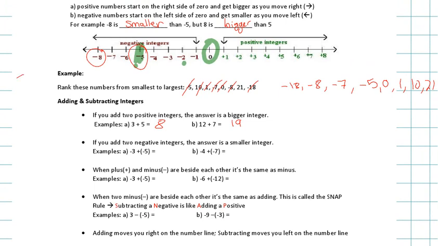Since you're adding -5, you have to move to the left. So I'm starting at -3, and I'm moving 5 to the left. I'm going to end up at -8. So that's a smaller integer, correct? So -3 plus -5 is -8.